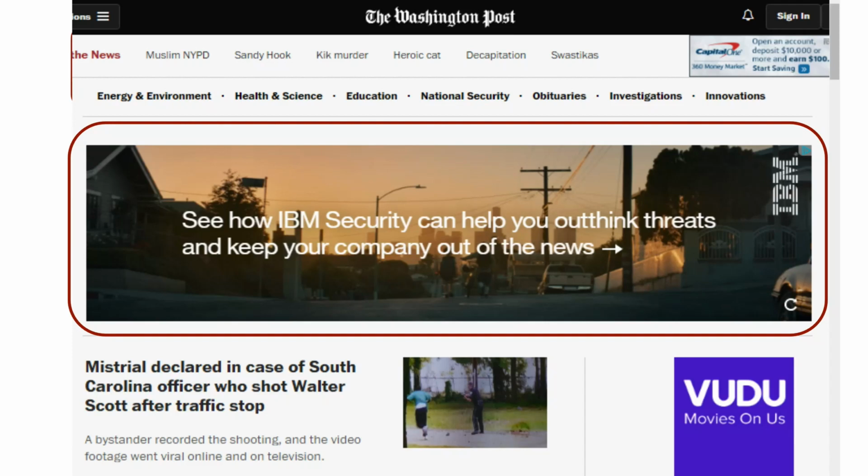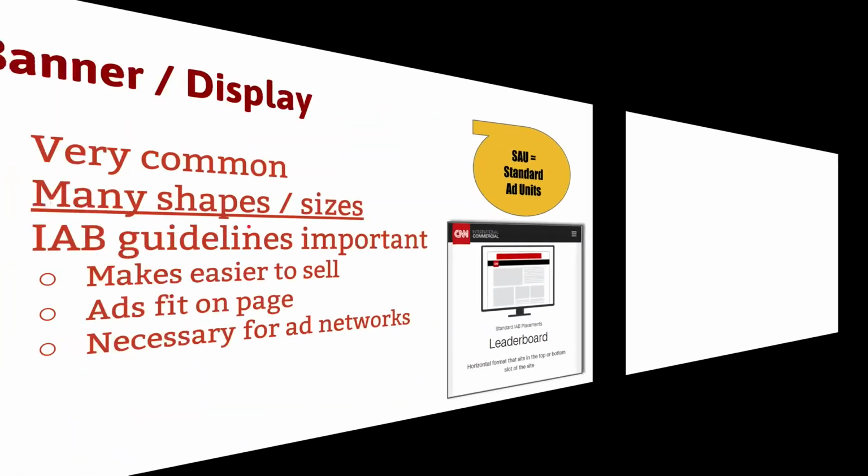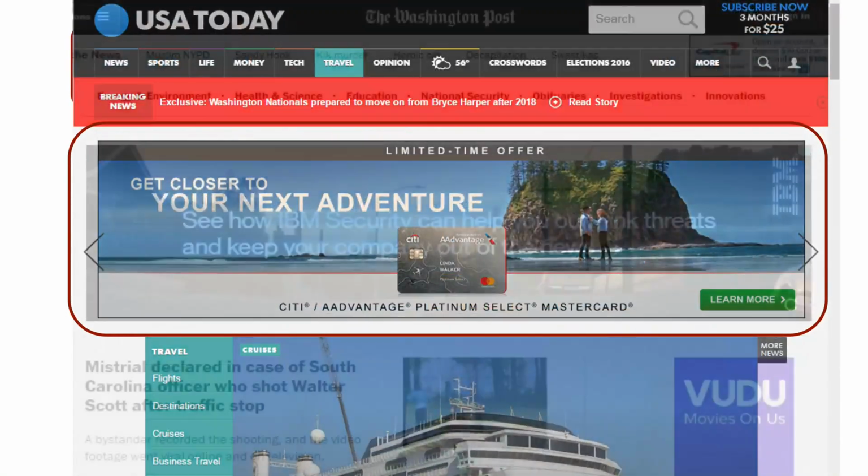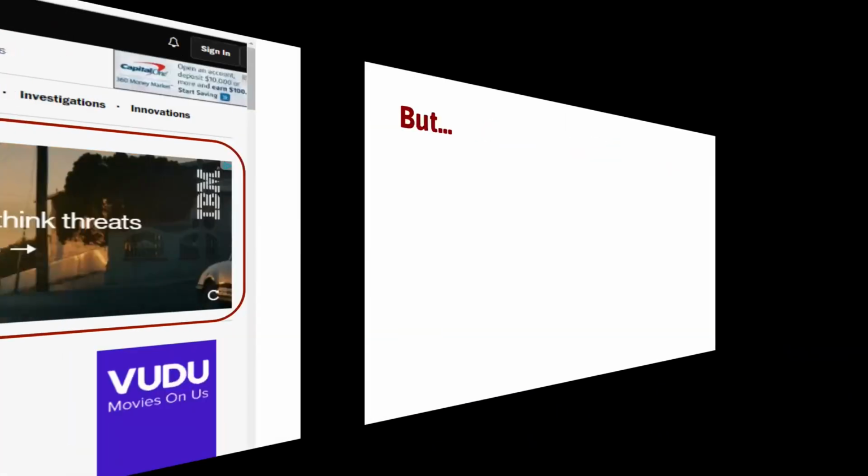It's easier for the advertiser to make the ad that can run on several different web pages, and all of that is called standard ad units. So it's an important concept if you're going to sell the ads yourself to follow IAB. I've said it a lot, but I just want to make sure you understand how important standards are in sizing.